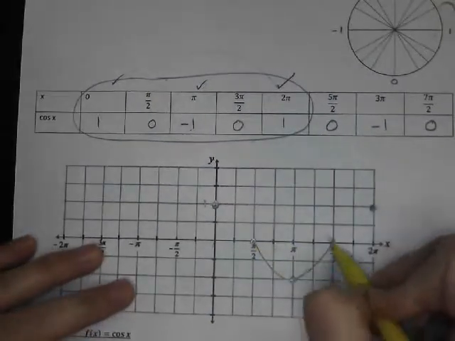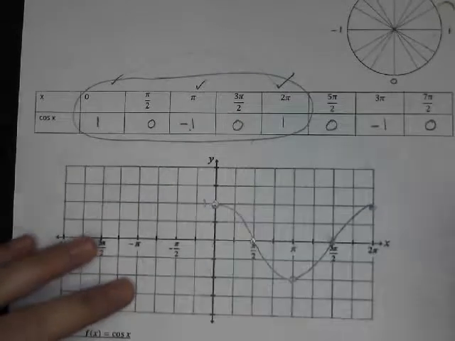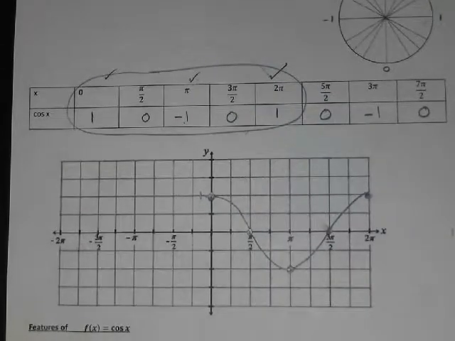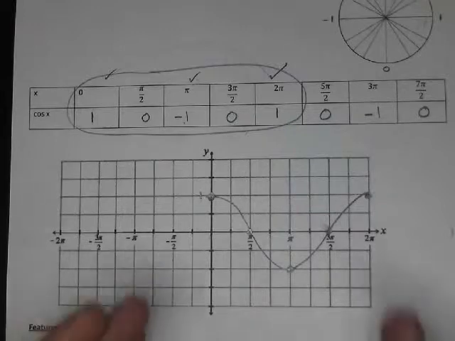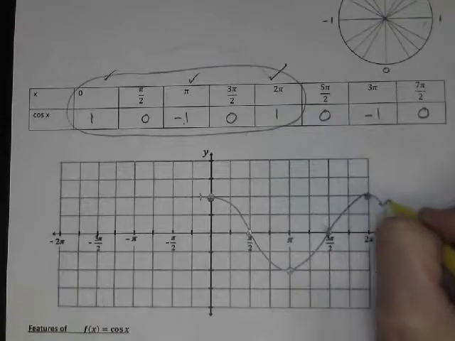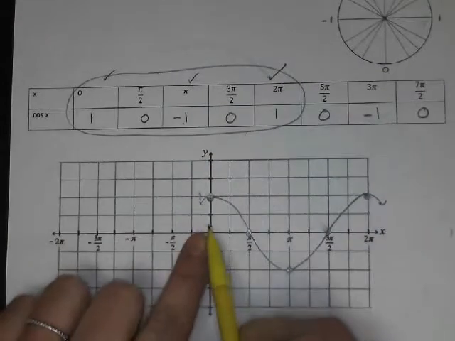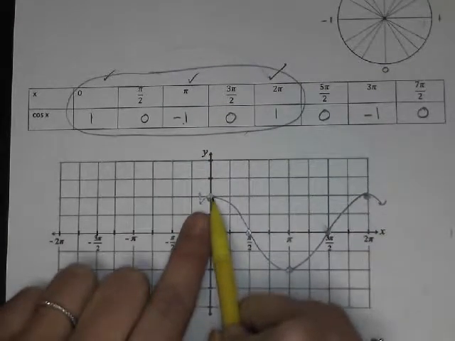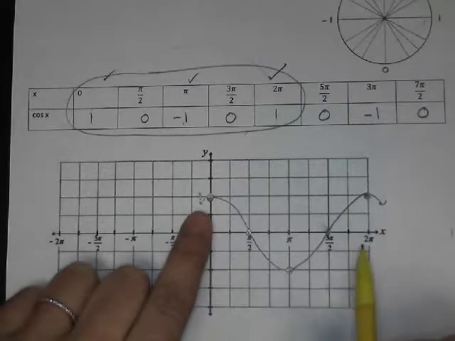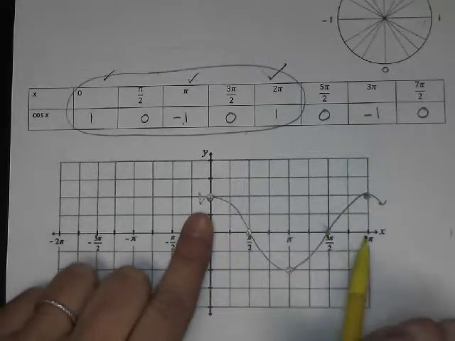And you see then the cosine parent graph, which will repeat infinitely. So that will be a max, and it's going to turn around. And same thing here. Like we said before, this period is the same as the sine period. It starts at 0, and the cycle ends at 2 pi. So that's a length of 2 pi.